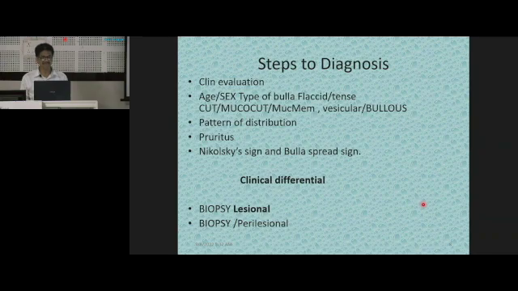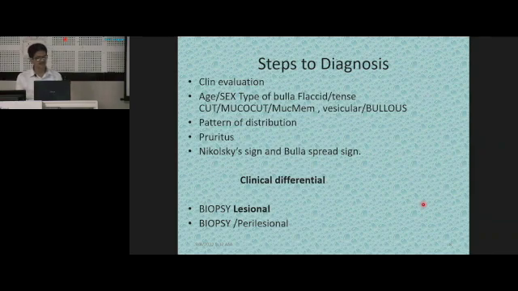Presence of pruritus matters: extreme pruritus sometimes does not allow the vesicle to stay. Most of them get excoriated and a crust is formed, and you won't see that in most patients when they present clinically. Then the clinically important Nikolsky sign and bulla spread sign are done.